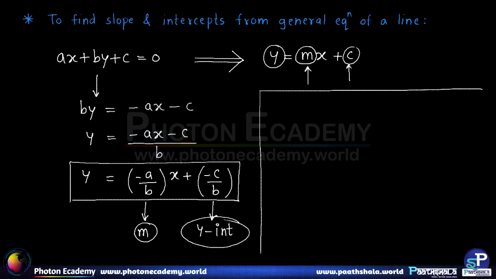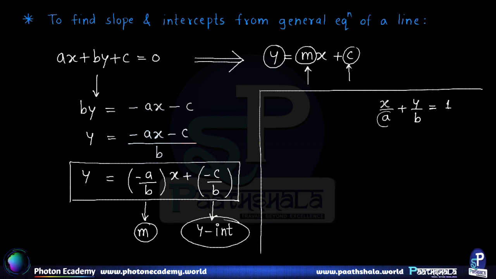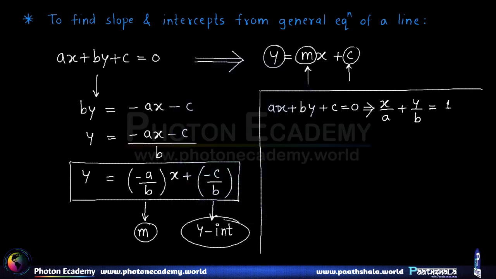In that case we have to use the double intercept form, because if you remember, in double intercept form the equation contains the x as well as y intercepts made by the line, correct? So once again we have to convert the general equation, that is ax plus by plus c equal to 0, into the form x upon a plus y upon b equal to 1.